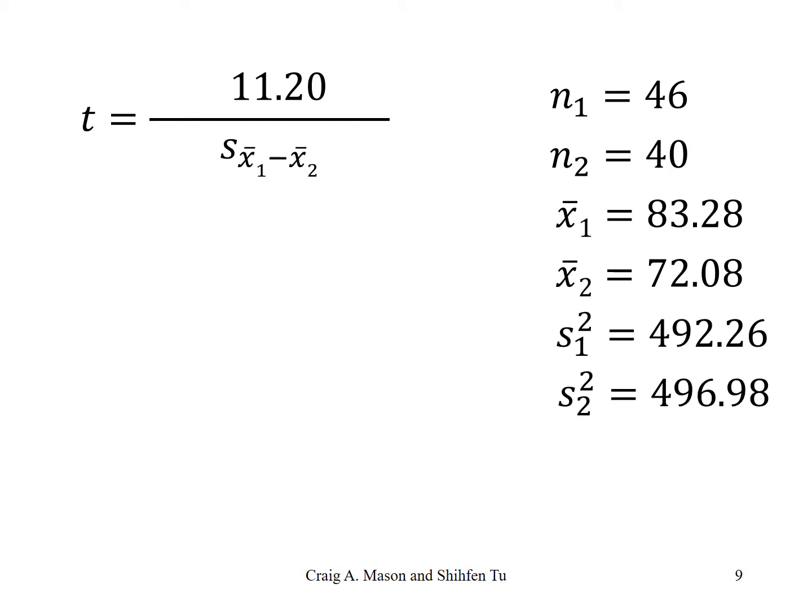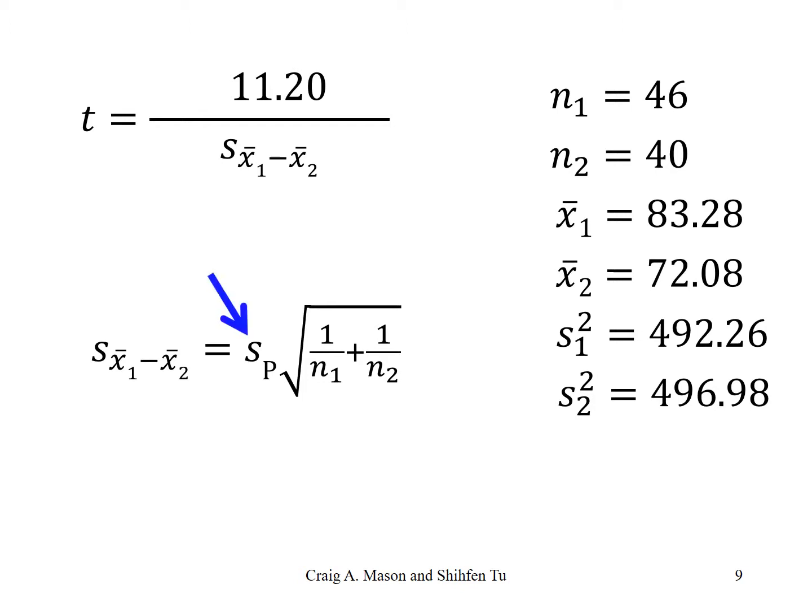Now we need to calculate the standard error of the difference between means, which is the pooled standard deviation times the square root of the sum of 1 over n1 plus 1 over n2. Let's first solve for the pooled standard deviation.